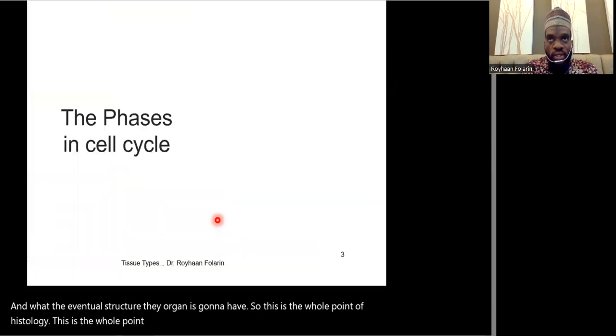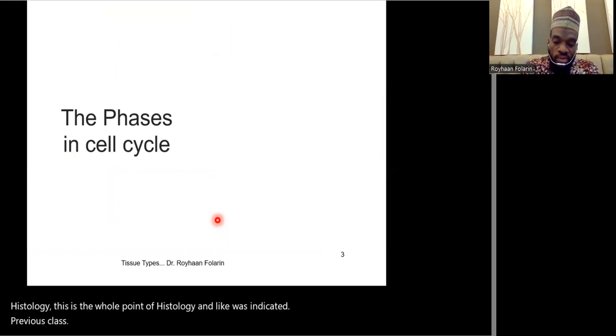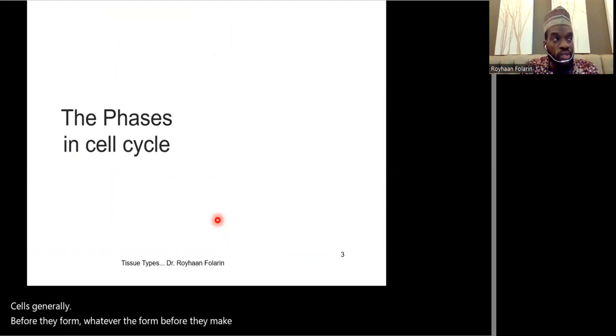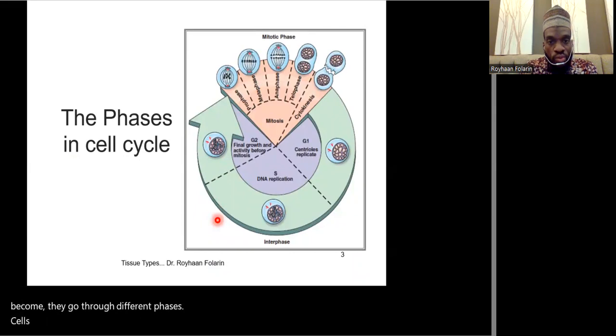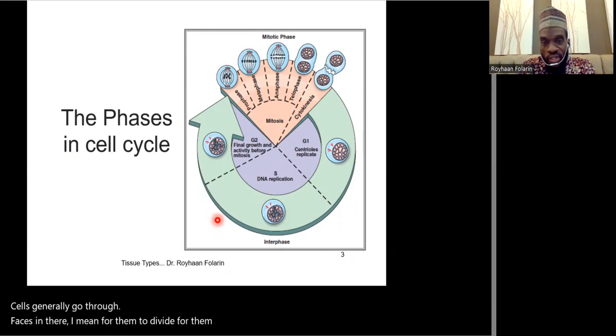And like was indicated in our previous class, cells generally, before they make up the tissues that they eventually become, go through different phases, for them to form, and then divide.